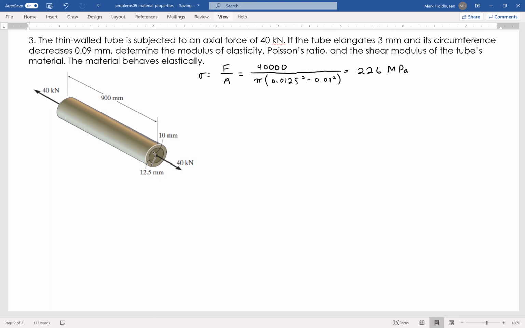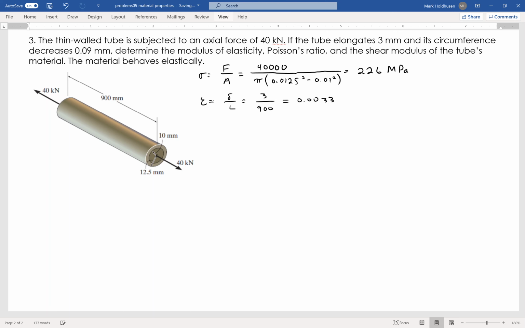And now I need to find the strain, which is just the elongation divided by its original length. So the elongation is 3 millimeters. The original length is 900 millimeters. As long as those two units match up, we should be good on that, which gives me a strain of 0.0033.